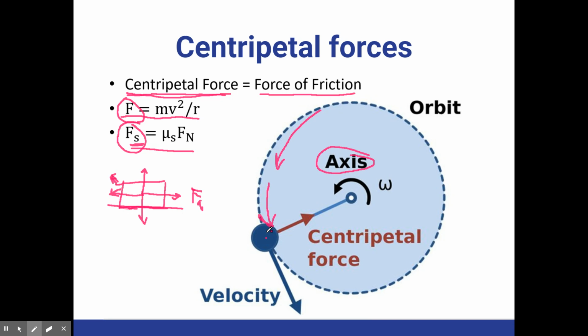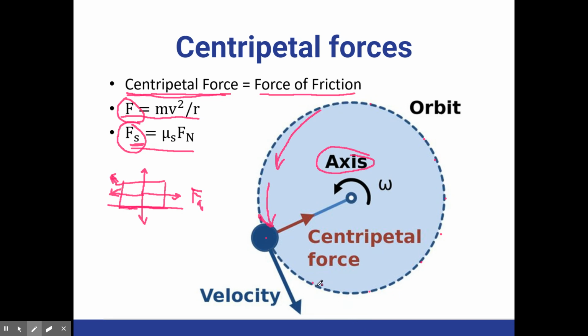So for wheels, we will use static friction of a non-moving object, which does seem kind of weird. But remember, for any given point on this wheel that is moving, with uniform circular motion, our speed is the same.